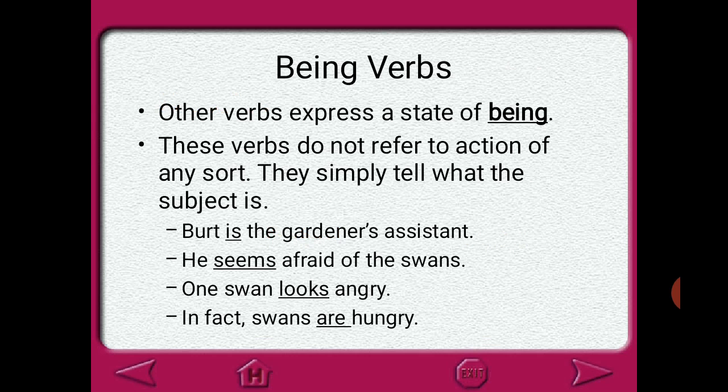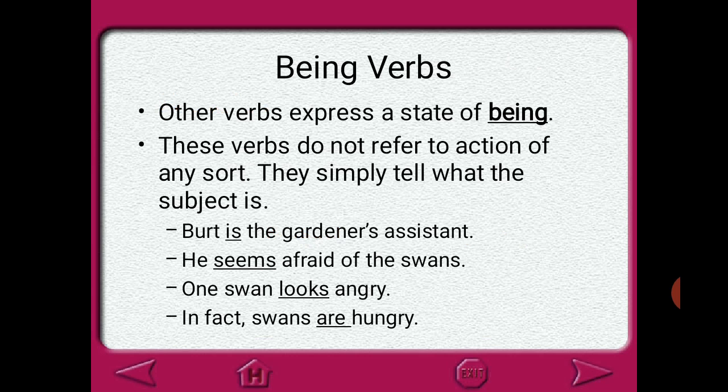Being verbs. I have already told you in your definition that there are being verbs also. They express a state of being. These verbs do not refer to action of any sort. They simply tell what the subject is. Like Bert is the gardener's assistant.